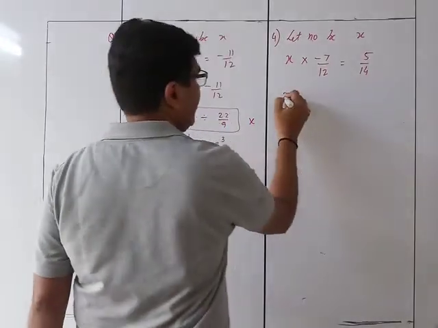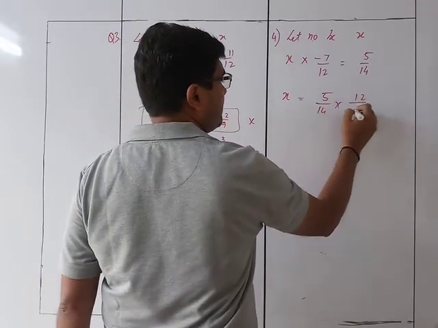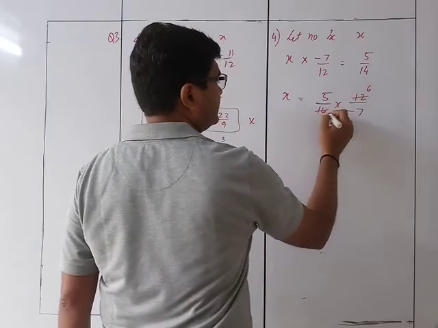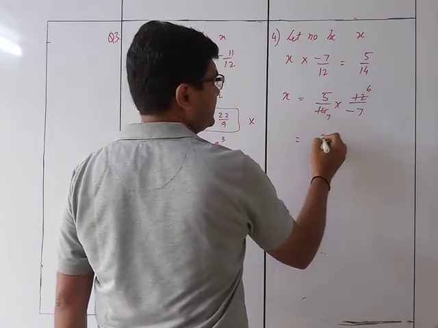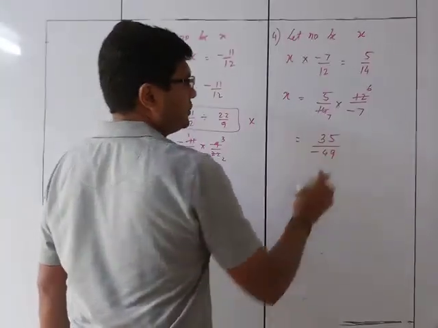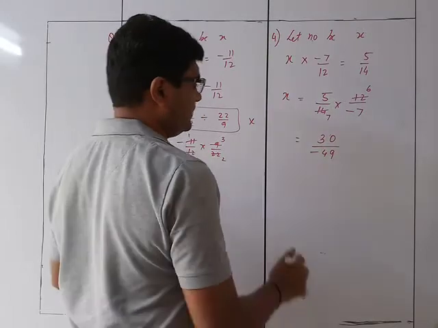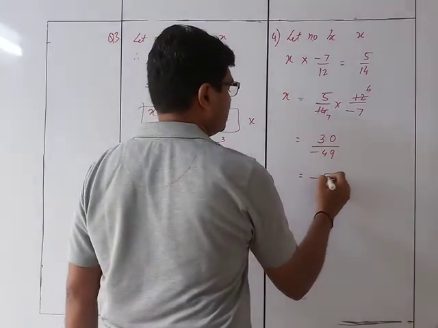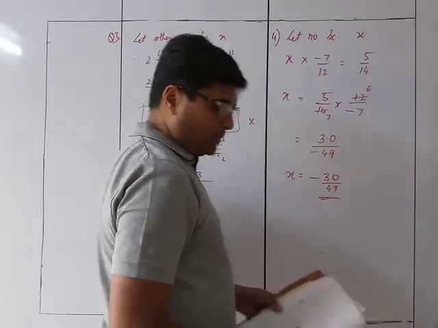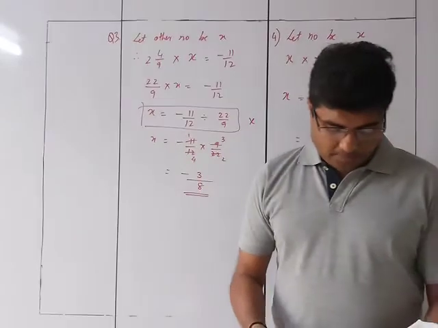So we get over here x is equals to 5 upon 14 into 12 upon minus 7. We can cancel this to 6 and this is to 7. So it is nothing but 30 upon minus 49. I cannot cancel further. So that's the answer, minus 30 upon 49. That's the answer for the number to be multiplied.